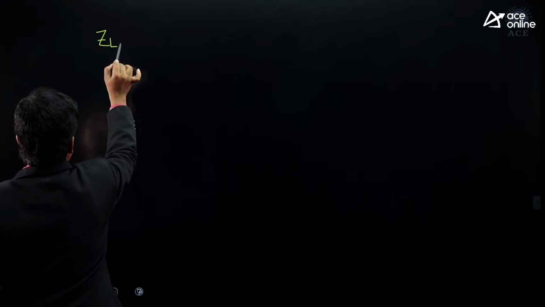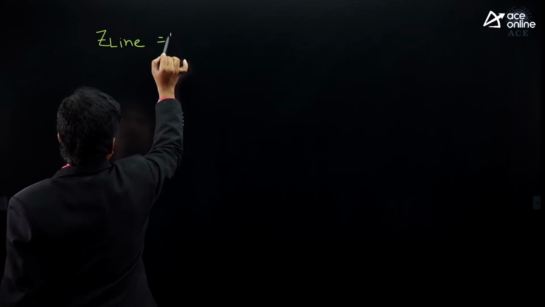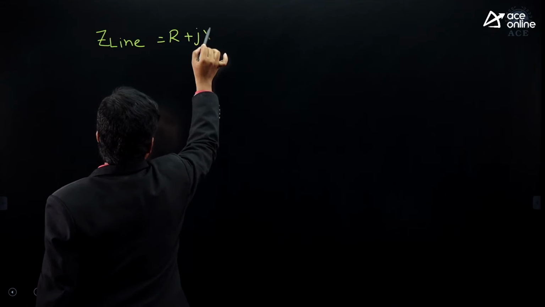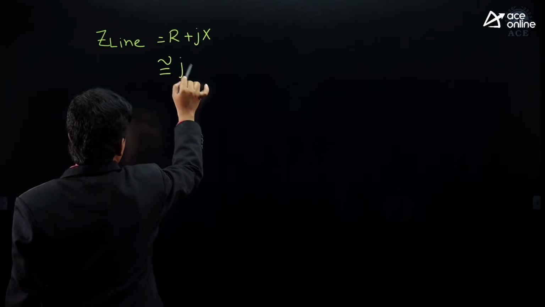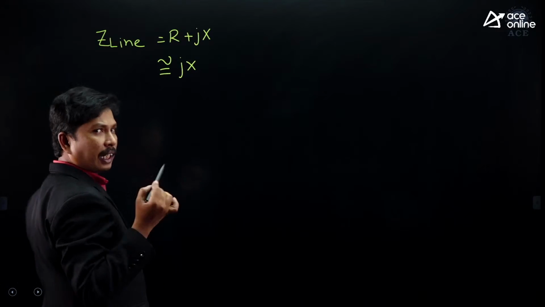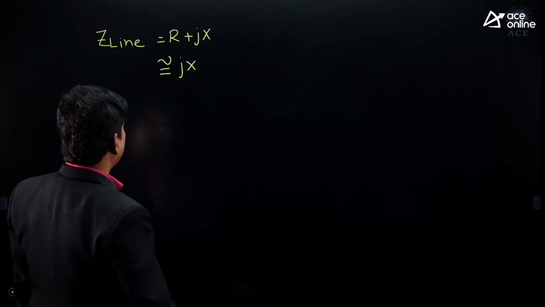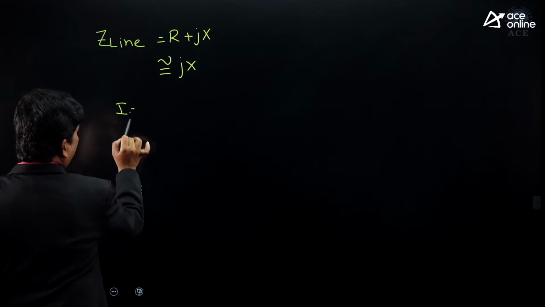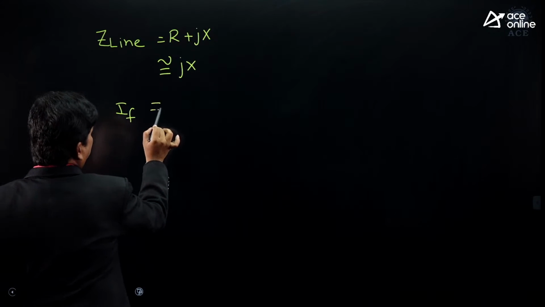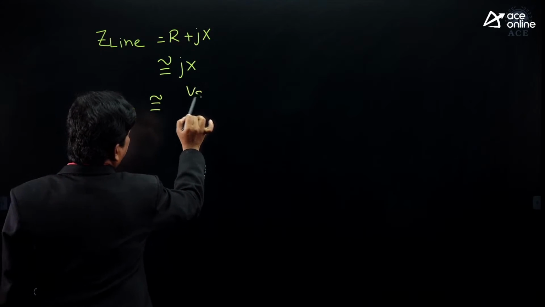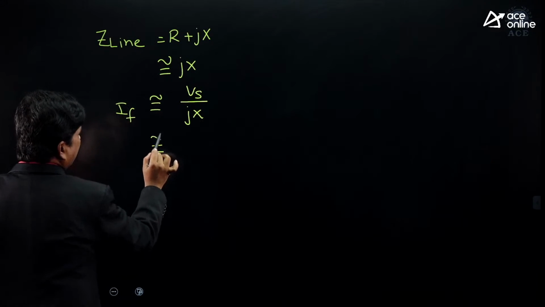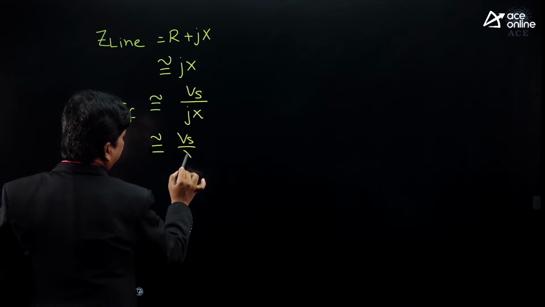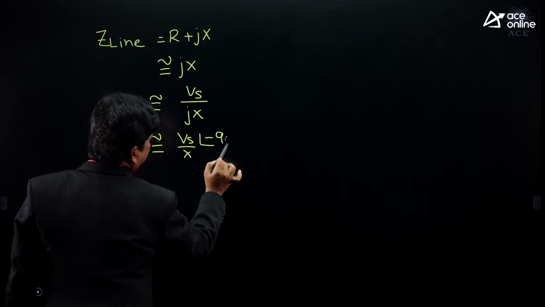The impedance of the line, Z line, is the resistance of the line plus j times the reactance of the line, and it can be approximated as j times the reactance, where the resistance of the line is very small. Whenever you are calculating, the fault current is approximated as the sending end voltage divided by jX, which is Vs divided by X at an angle of minus 90.